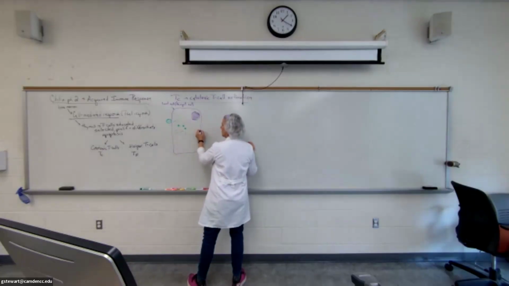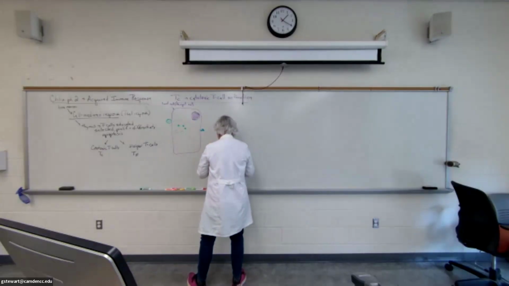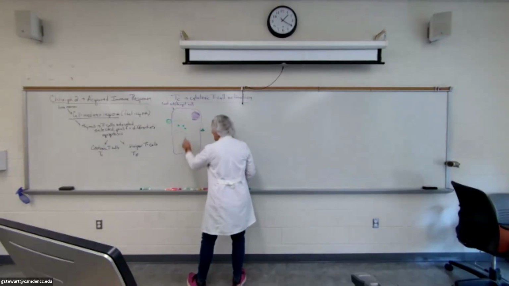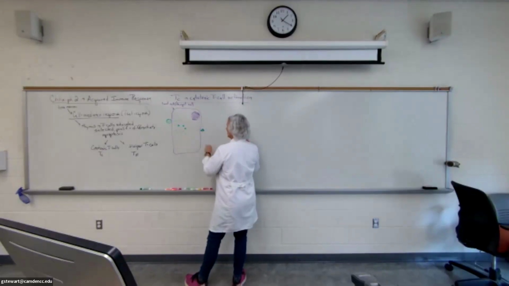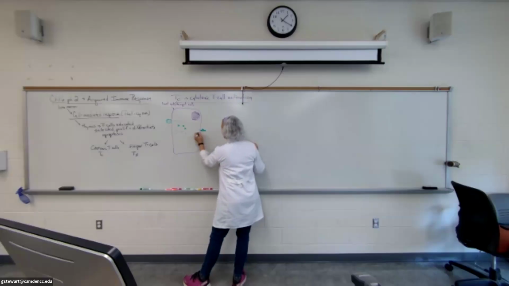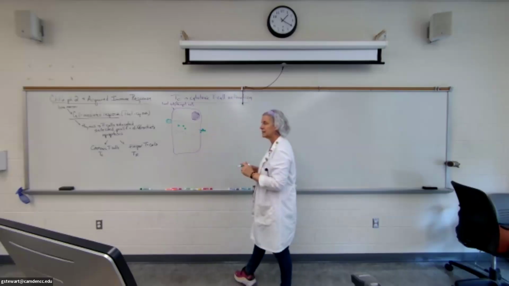So remember, our class 1 has those 3 blue circles in a row, and then a yellow circle. And now part of my antigen is going to be stuck to this. It might be at the end, it might be next to it like this. Different folks are going to draw it different ways.